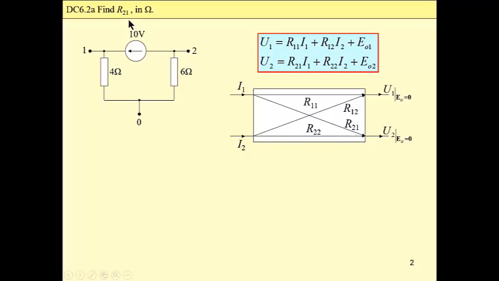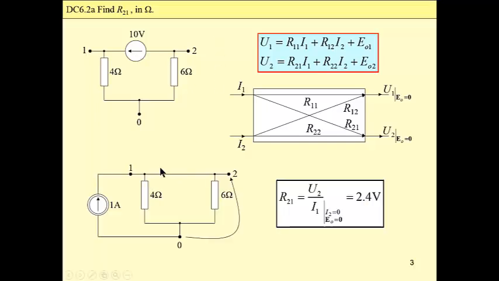Our task is to find R21, and R21 is U sub 2 divided by I sub 1 for I sub 2 equal 0, for this terminal shorted with the reference 1, and also for E sub 2 equals 0, which means that for all sources killed, this source shorted.